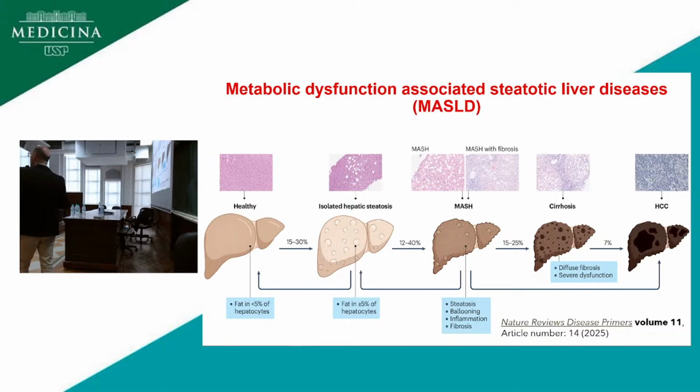And inside this group of diseases, you can find simple steatosis, in which more than 5% of hepatocytes have an increased accumulation of lipids, but you can also find more severe conditions such as steatohepatitis, in which we find in the liver hepatocyte ballooning, inflammation, and the development of fibrosis. And you can also find in this group cirrhosis and hepatocellular carcinoma.